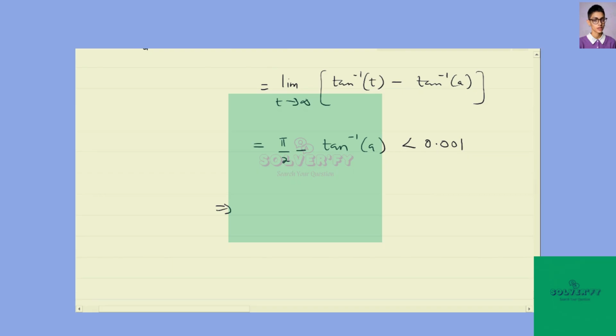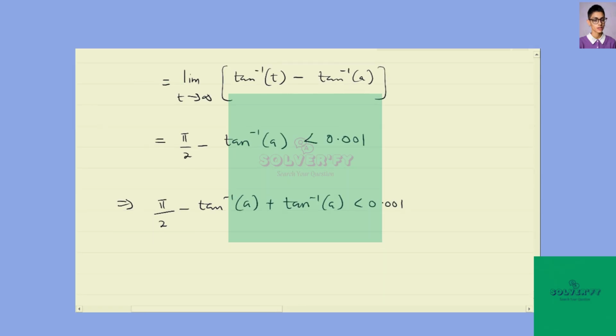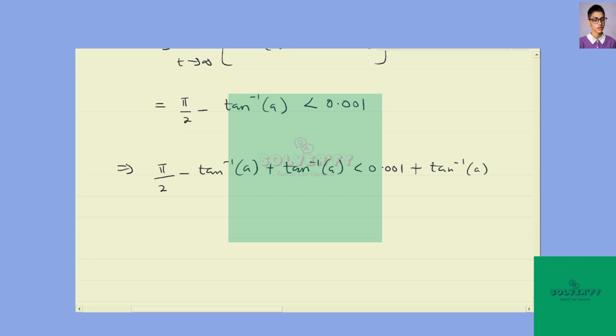So taking it from here, first of all, let's add the tan inverse or the arctan of a to both sides, so that this and that will go away.